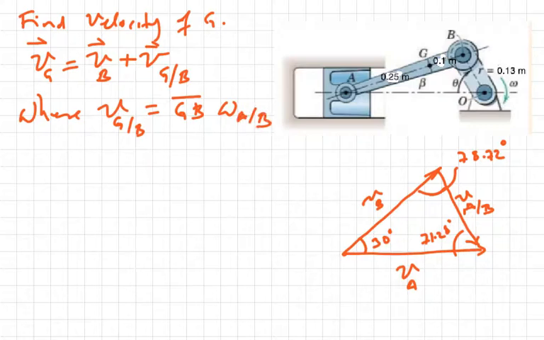Note that since they are on the same rod, omega AB will be the same as omega GB.